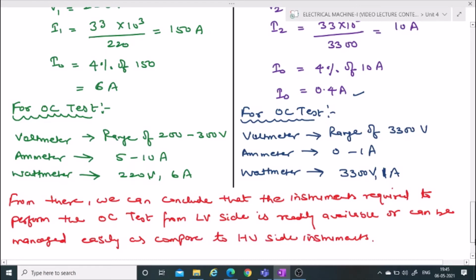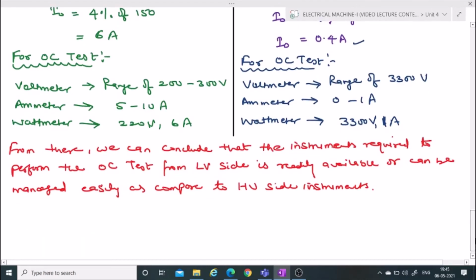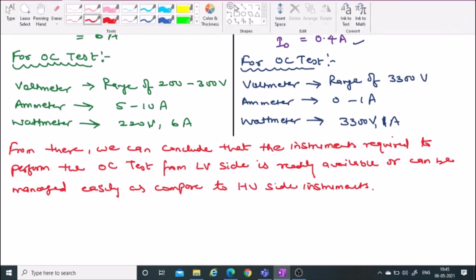Okay, so this is the reason for the OC test, that the instruments required from the low voltage side will be readily available.